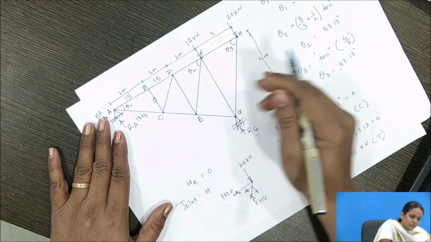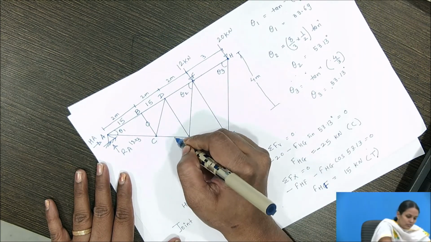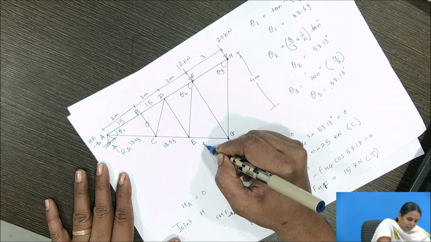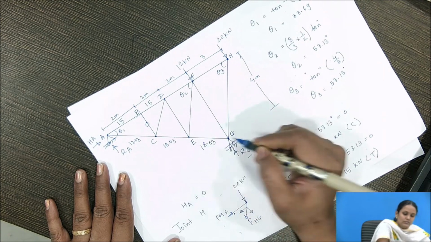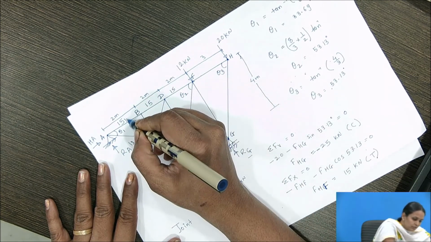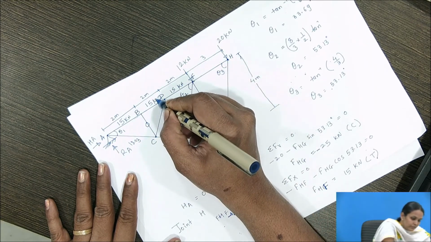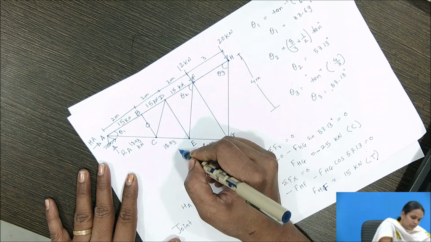Again if I consider the joint C, here also I will get 18.03, and the force in member GE also I will get 18.03, and for the force in member DF also I will get 15 kilonewton.